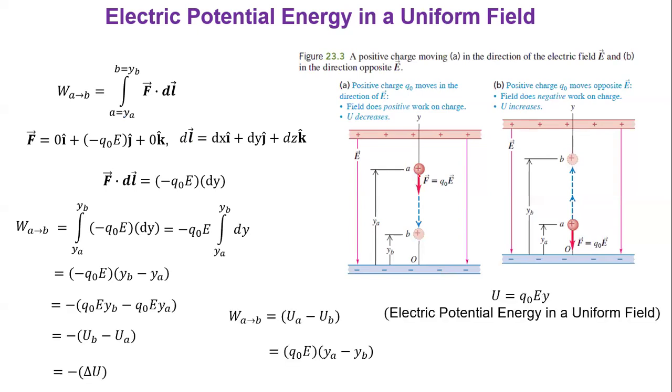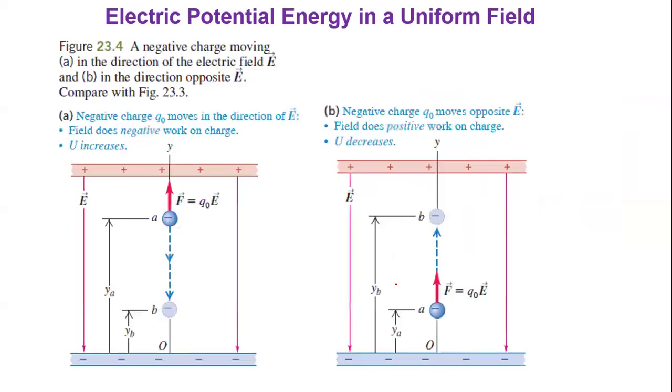This formula for the electric potential energy works the same even if your displacement is from YA to YB. However, a different thing will happen if you have a negative charge Q sub O, because a negative charge Q sub O moves in the direction of E. If you move in the direction of E like this, the field does negative work on the charge, so the potential increases.